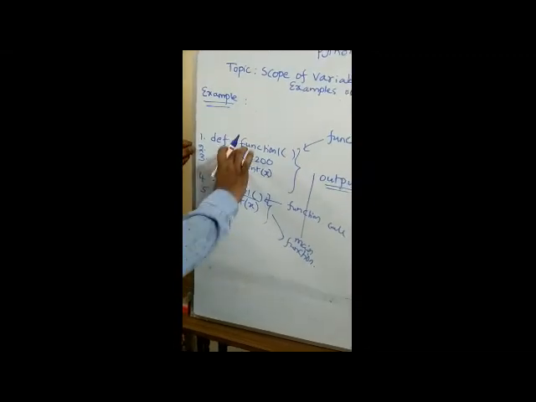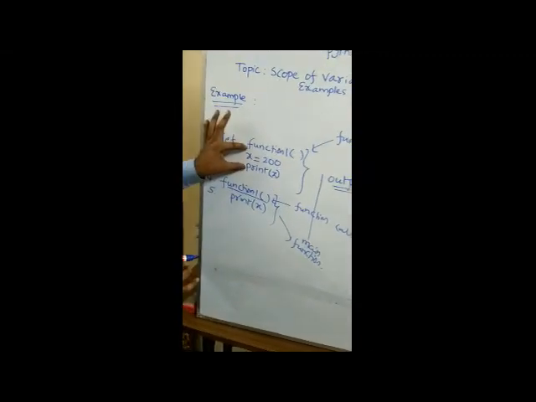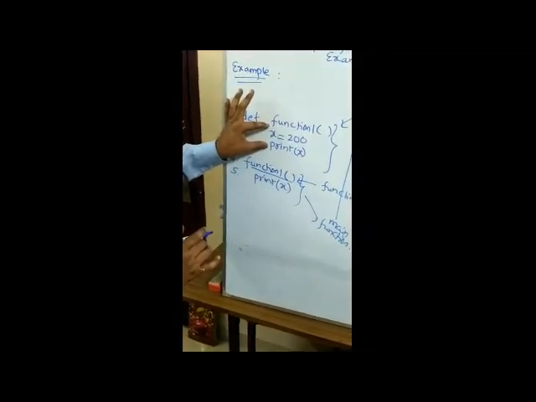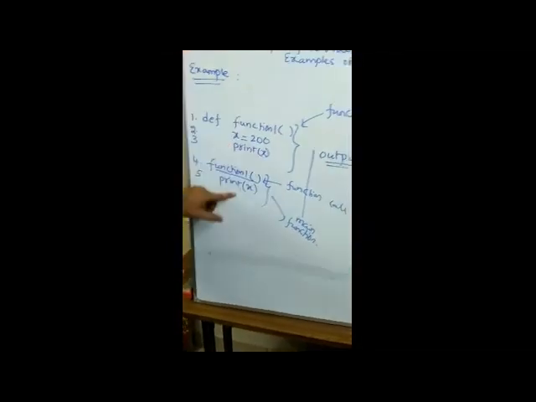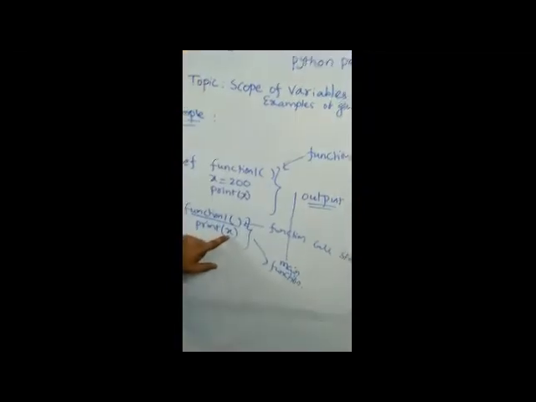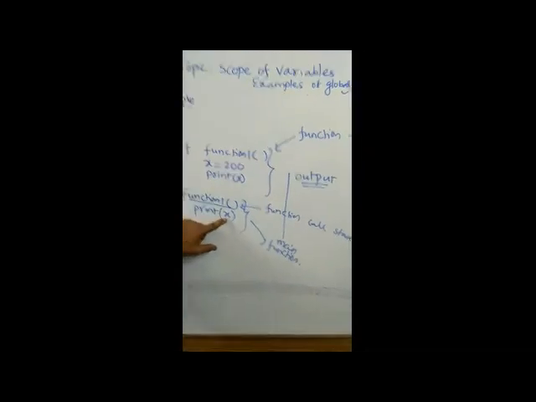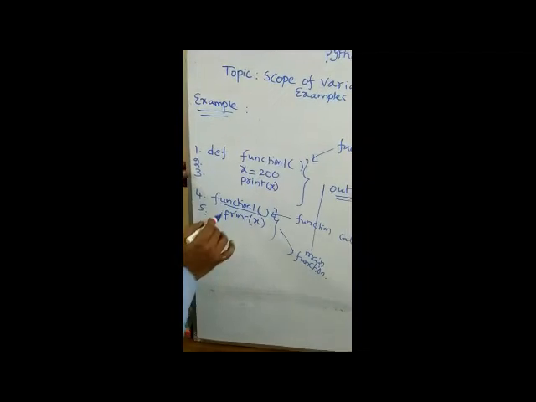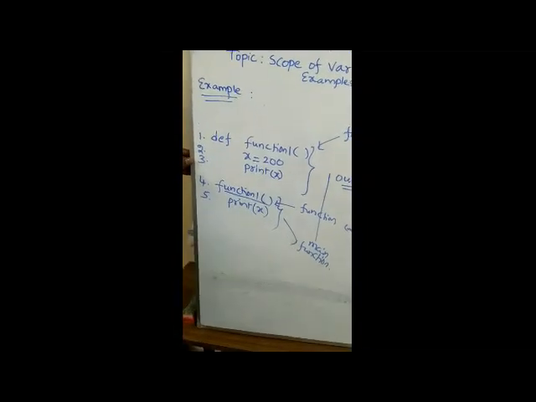See, x is declared within the function definition. That's why here x is a local variable. This x is a global variable. This is the main function, and all the main function variables are treated as global variables.